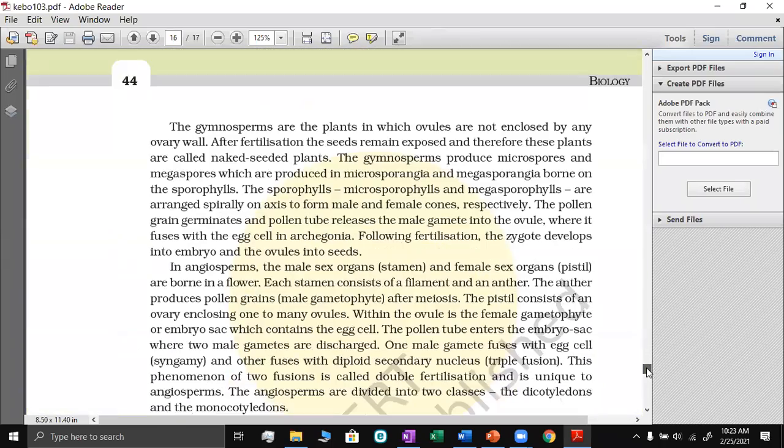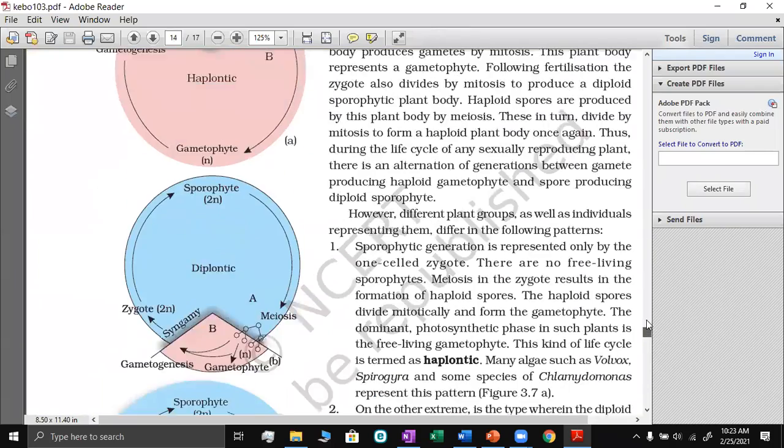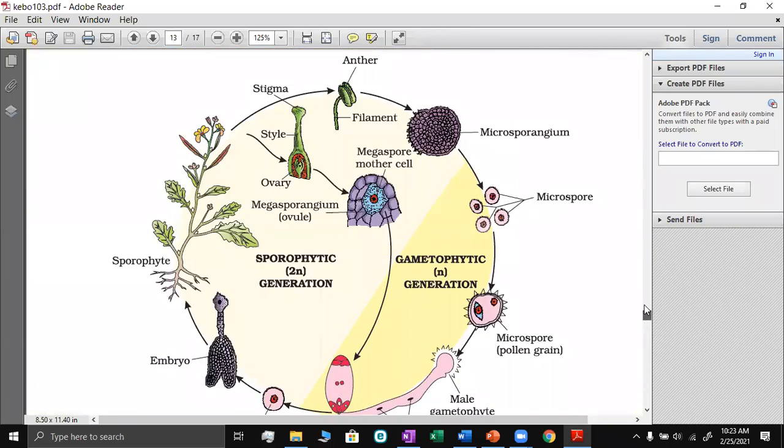Okay, you see another diagram. Through the diagram, the life cycle of an angiospermic plant is being shown. This is the mustard plant, showing a sporophyte.